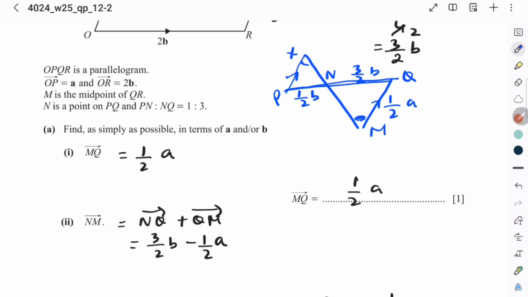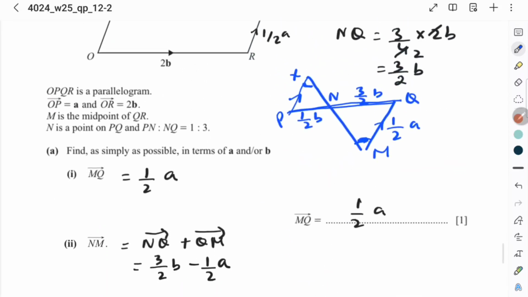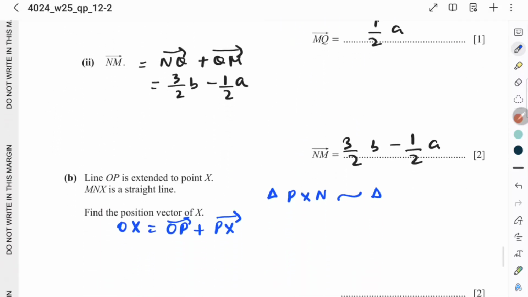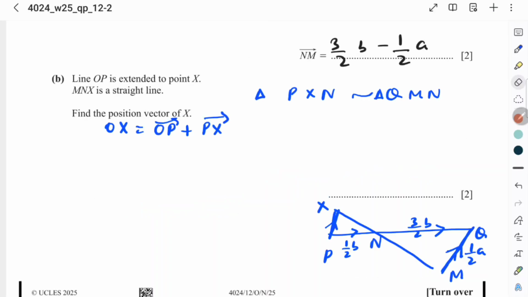So if we take PXM, then obviously Q and M are equal. So with P, I'll take QMN. So P is equal to Q and X is equal to M. So we'll take PXN and QMN because the alternate angles are equal. I just draw the diagram here so that you can easily understand.